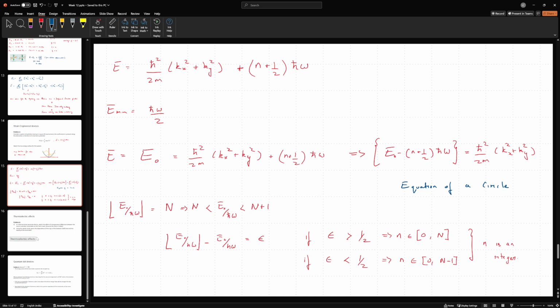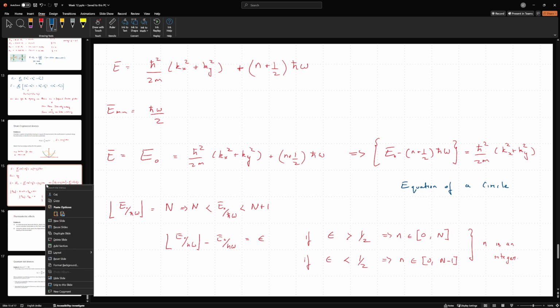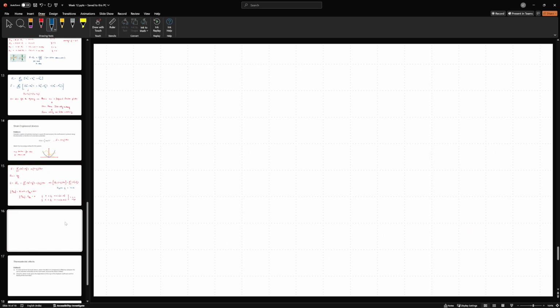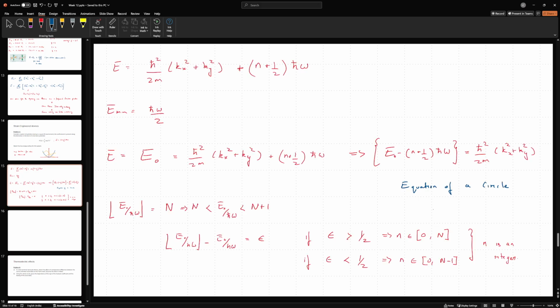Okay, so what are my isoenergy surfaces going to look like? For the smallest possible value, that is where n equal to 0, 0 is included here. For the smallest value of n, kx and ky will have the largest value; the radius of the circle is going to be the largest.